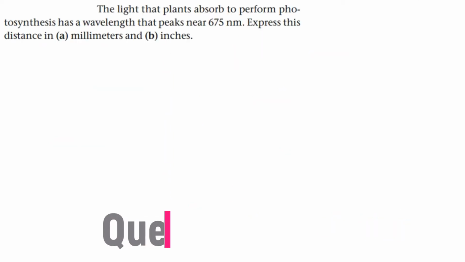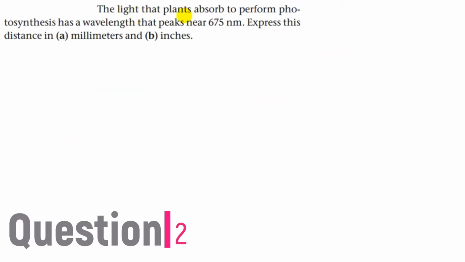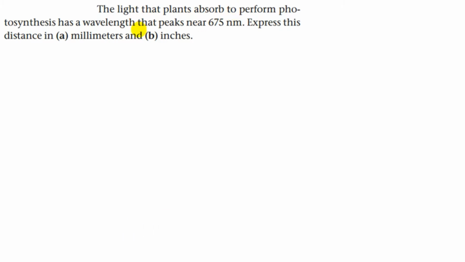So this is our next question, and it says light that a plant absorbs to perform the photosynthesis process has a wavelength of nearby 675 nanometer. Now we have to express the distance in millimeter and in inches. Now this question is pretty simple, and we have solved multiple questions similar to this.